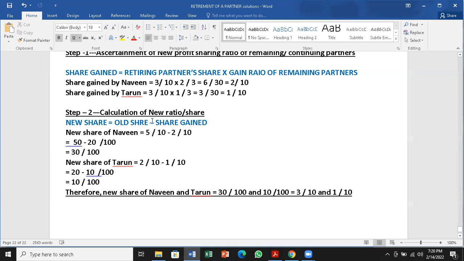I have made a mistake. One second. I have to go for plus, not minus. Because it is old share plus gain, not minus. Yeah, one second. Plus gain: 70 and 30.